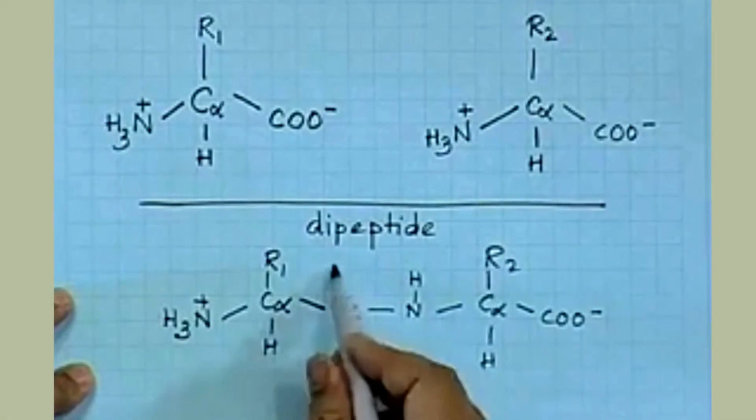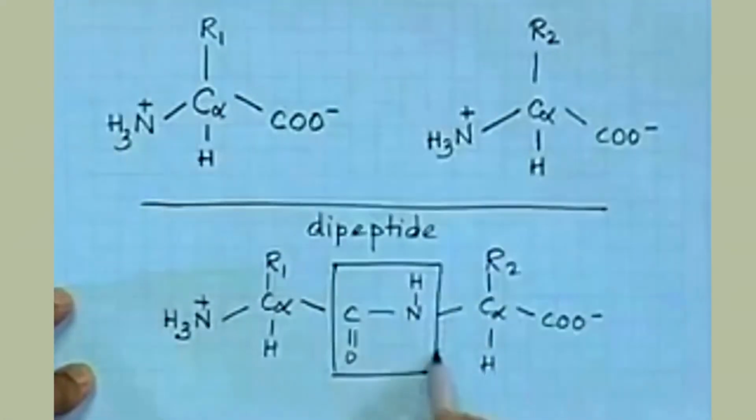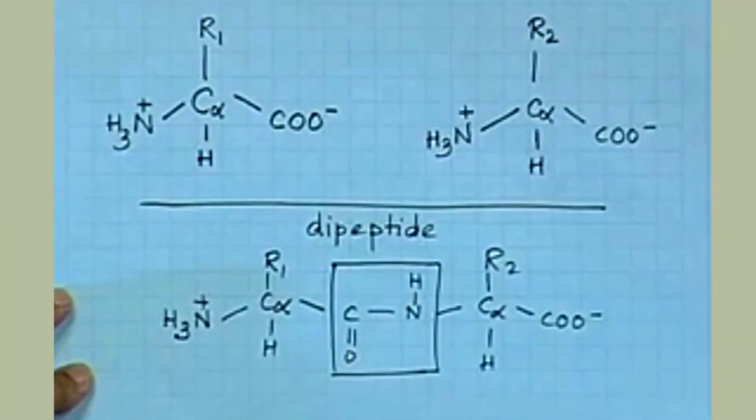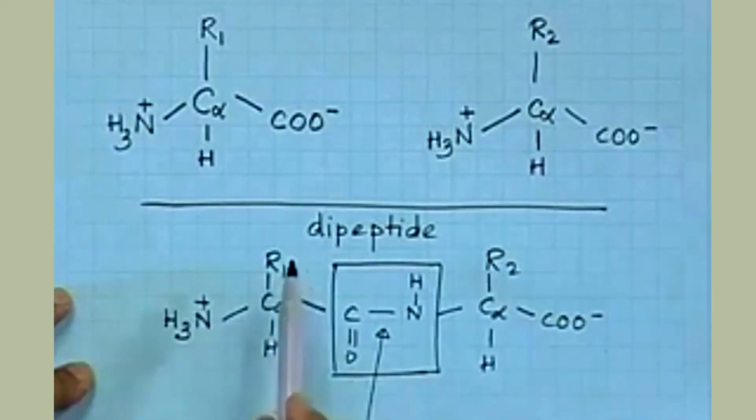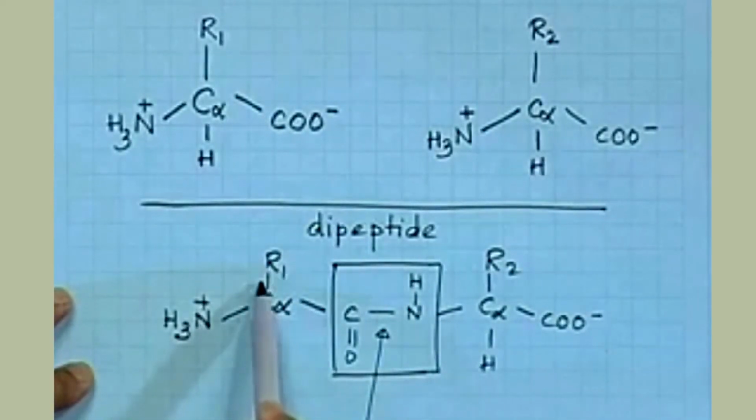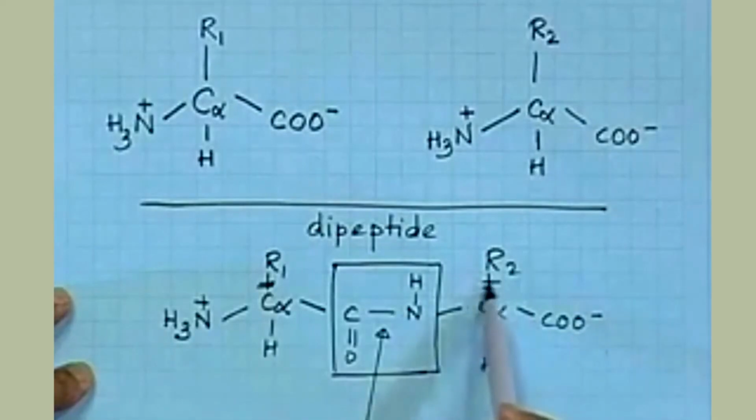So, this is our peptide linkage. This particular linkage is known as the peptide linkage. We have linked now R1 and R2.